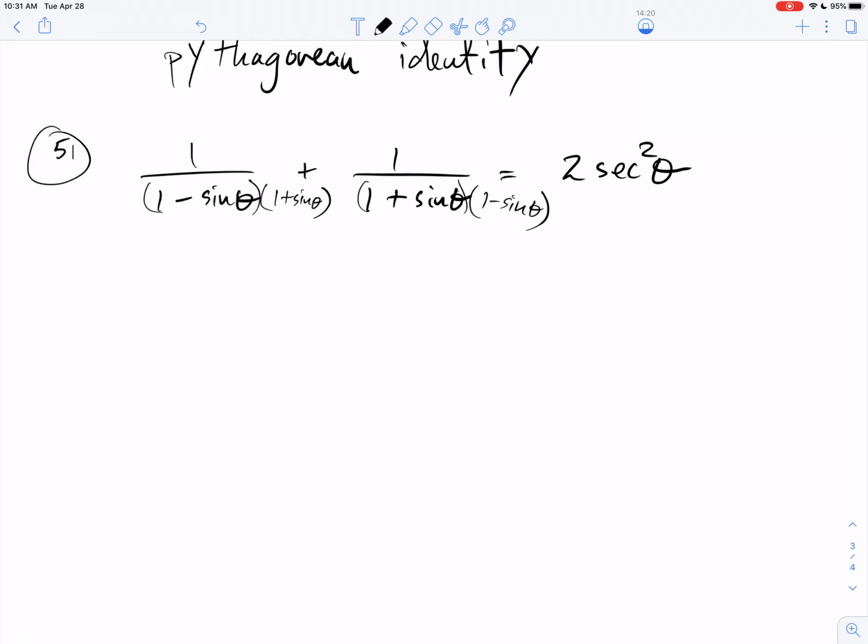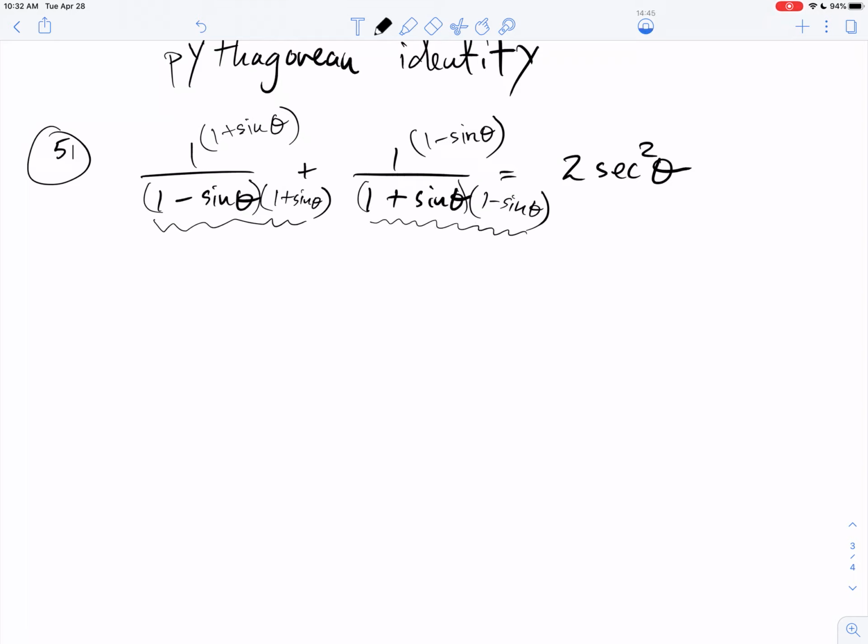But here's the deal. In any identity, it is illegal to treat it like an equation. You do not get to multiply everything by the same dude. You don't. So let's see what happens here. If I FOIL this, it's the same as what's going to happen here.